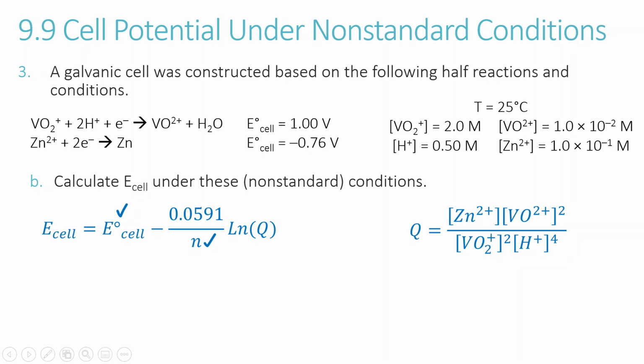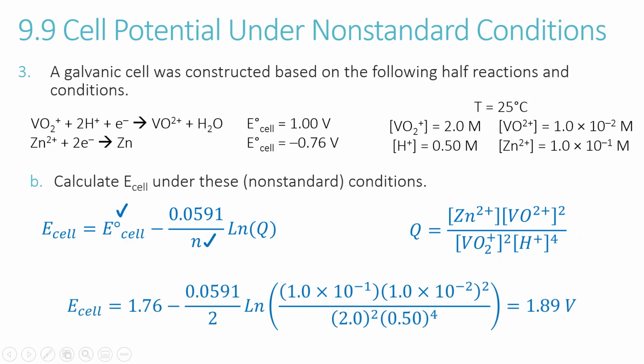So nothing's at 1 molar here. So we plug in all of these values here. Notice that Q here is going to be a little bit bottom heavy. So we're going to end up with something that has too much reactants. So the forward reaction will be favored, meaning that my non-standard voltage is higher than my standard voltage.